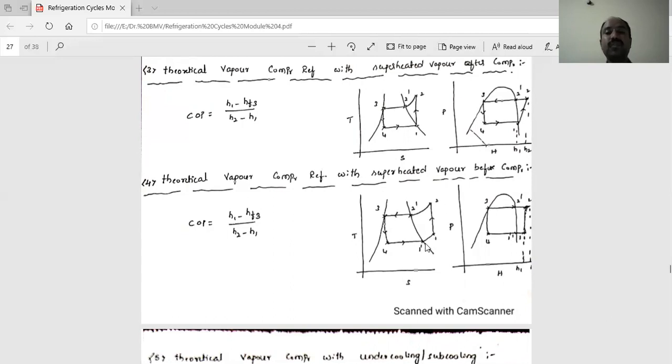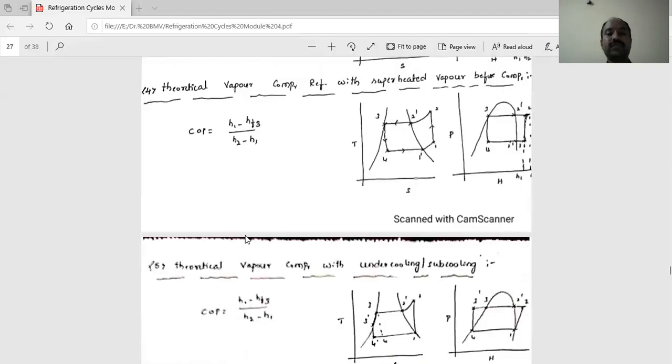Before the compression, the refrigerant should be superheated, so point 1 is beyond the curve. Then 1, 2, 2 dash, 3, 3 to 4, and 4 to 1 dash. Before going to compression, the refrigerant is already superheated, so you should draw this type of sketch. The COP becomes H1 minus HF3 divided by H2 minus H1.